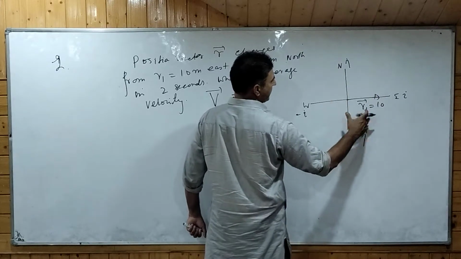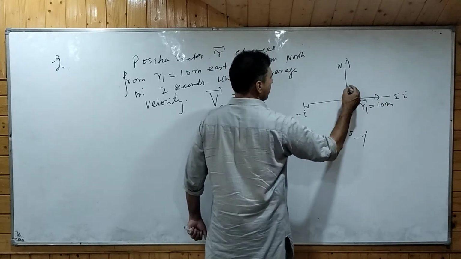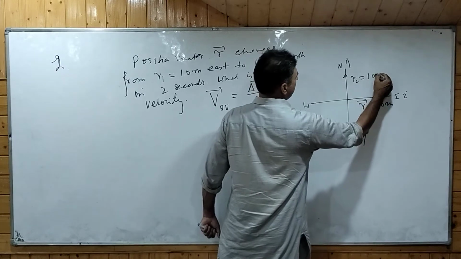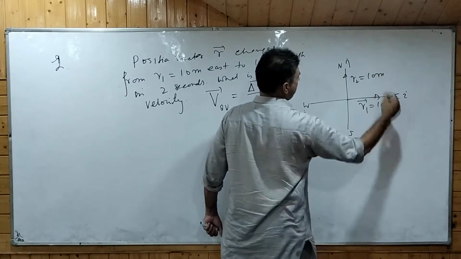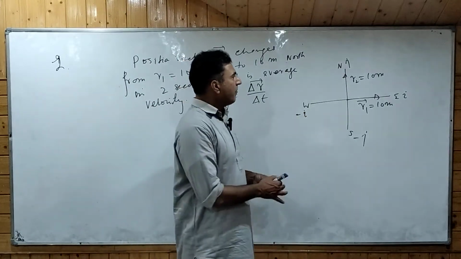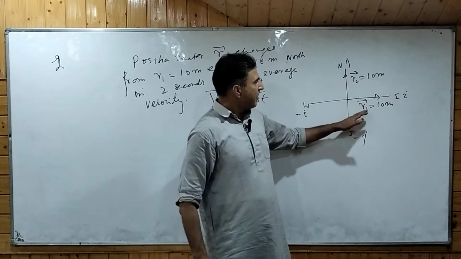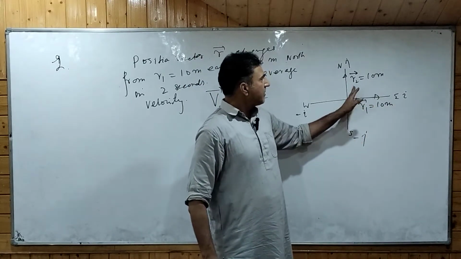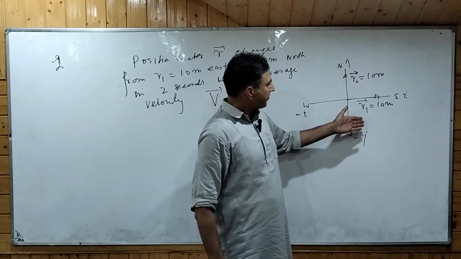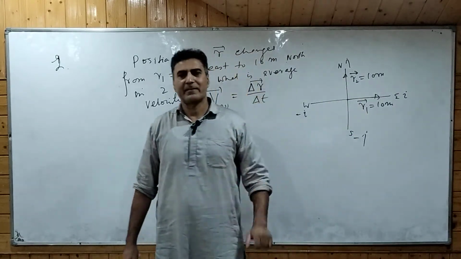In terms of the coordinate system, it is 10 meters, and the final position vector is r2, again 10 meters in the j direction. One thing must be clear: r1 and r2 are not the same, although their magnitudes are the same. r1 is in the east direction and r2 is in the north direction, so they are different vectors.